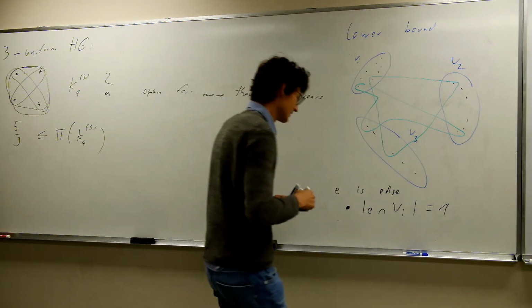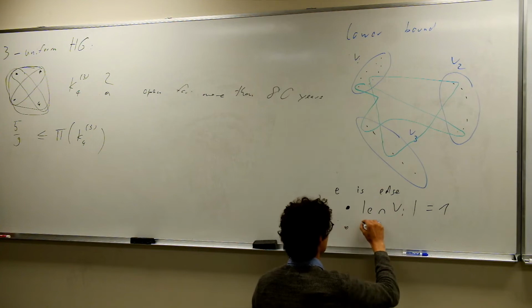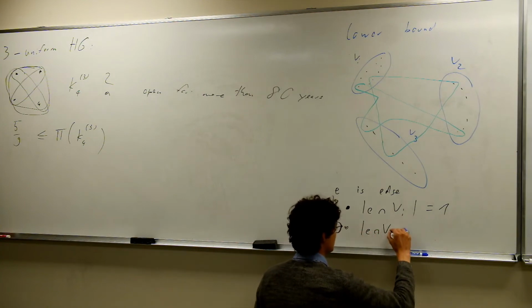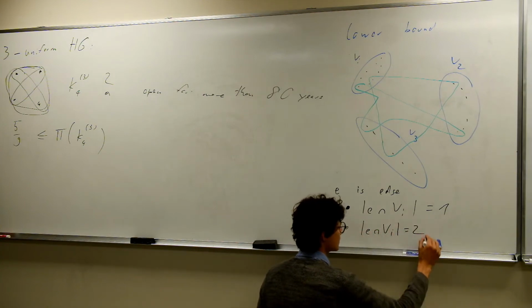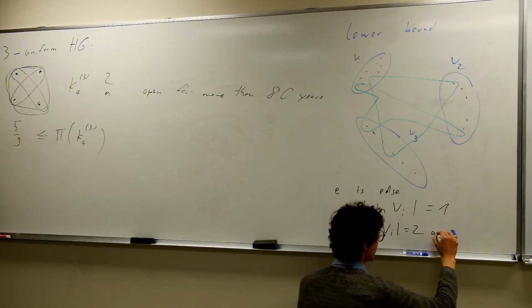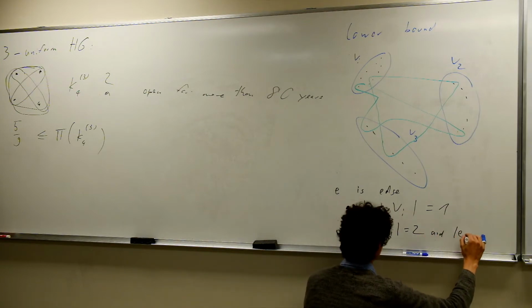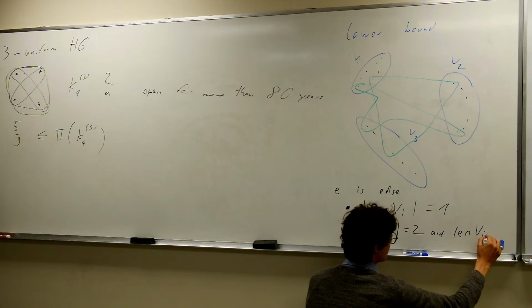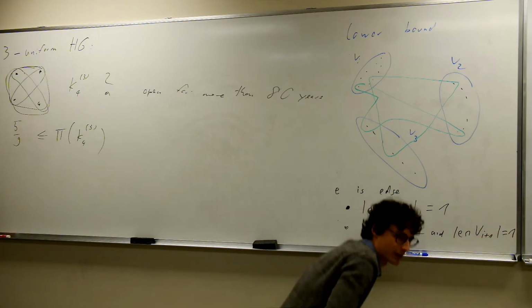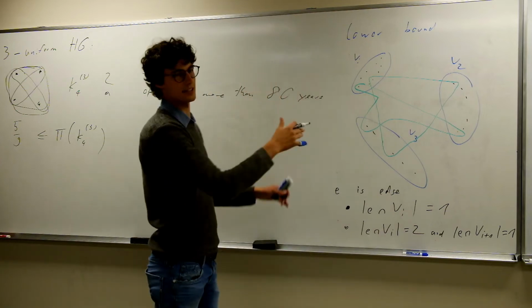And the second case is that it contains 2 vertices of Vi and the next one contains 1 vertex, so indices are modulo 3.